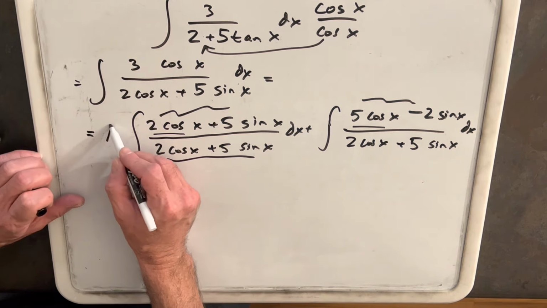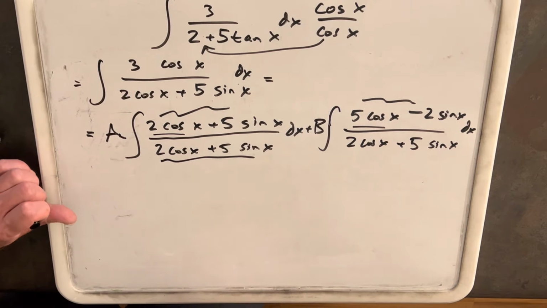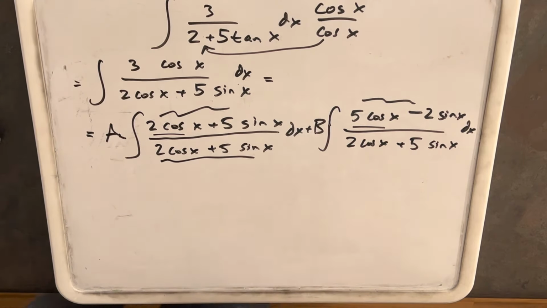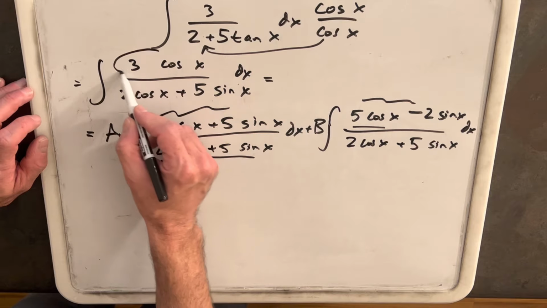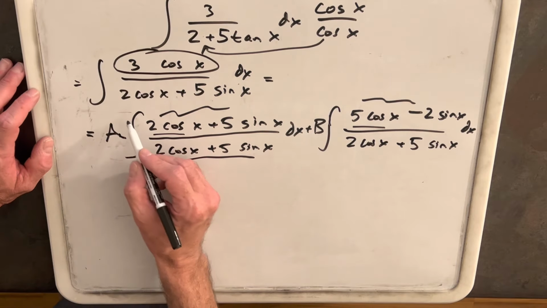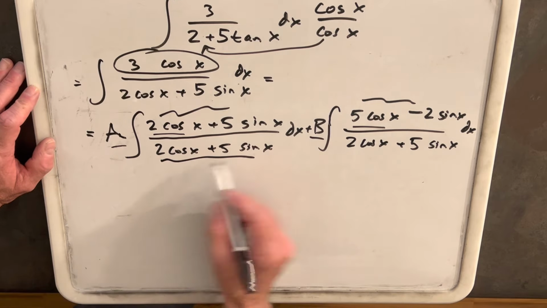What we'll do is what we did in part 2 of this series: we created a coefficient and said, okay, let's find out what that coefficient is going to be. When we multiply this all out, we know it has to be 3 cos x. So let's solve for our a and b values, and then we have easy integrals to solve.